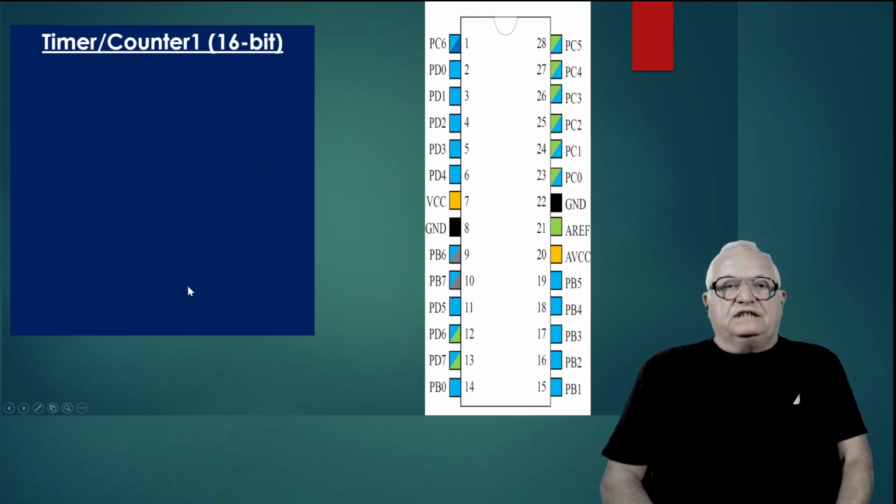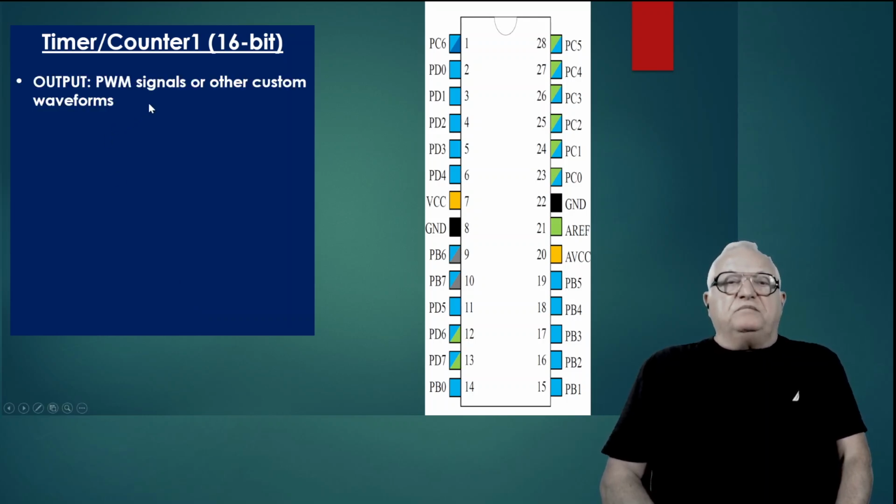Now let's look at timer counter 1, which is our 16-bit timer counter. It can output pulses and other custom waveforms. These are called OC1A and OC1B, and they are associated with port PB1 and port PB2, which correspond to pins 15 and 16.